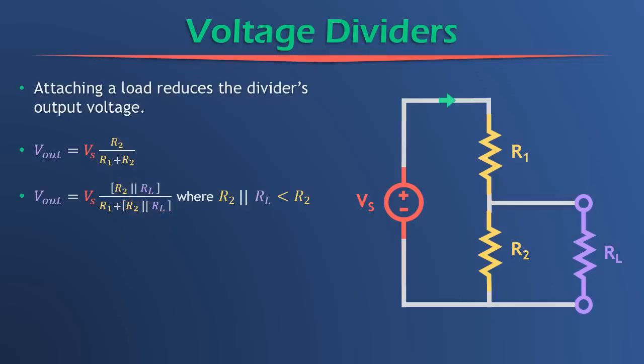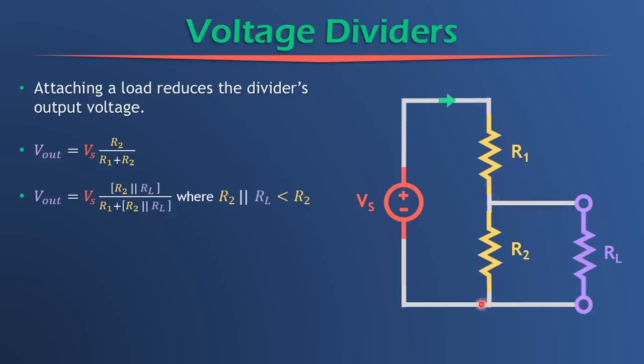And we know, based on our knowledge of parallel resistors and parallel circuits in general, that R2 parallel RL is going to be less than the original value of R2. And why is that? Well, think here. If you have R2, which is some value, and then you attach another resistor in parallel with it, you're effectively creating another path for current to flow through.